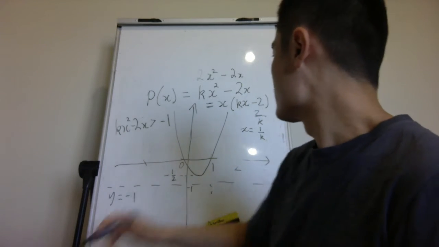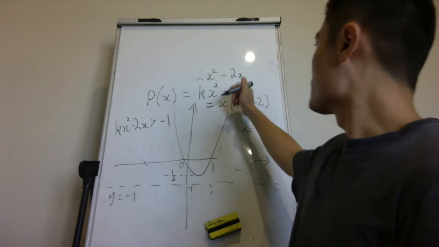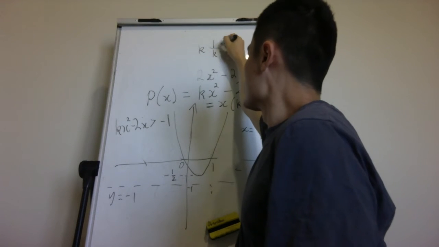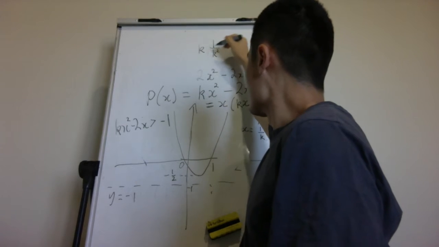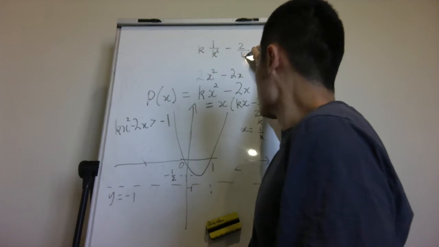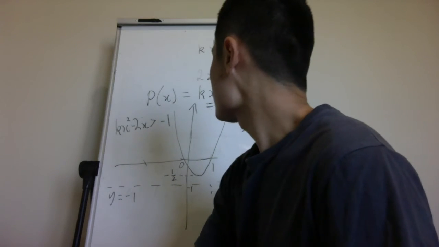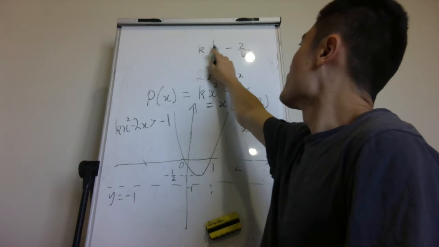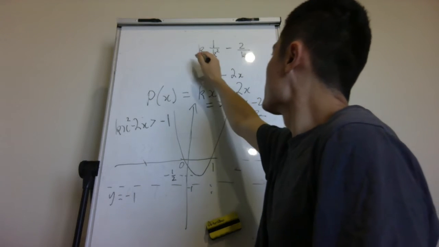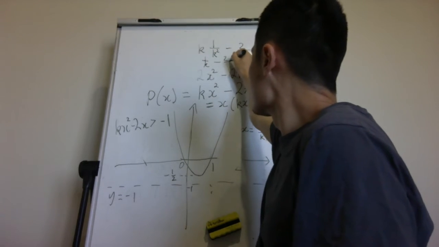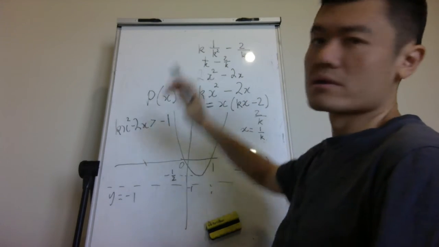Okay, and so if you sub 1 over k into this expression, you get k times 1 over k squared, which is 1 over k, minus 2 times 1 over k, which is 2 over k. 1 over k minus 2 over k is equal to minus 1 over k.